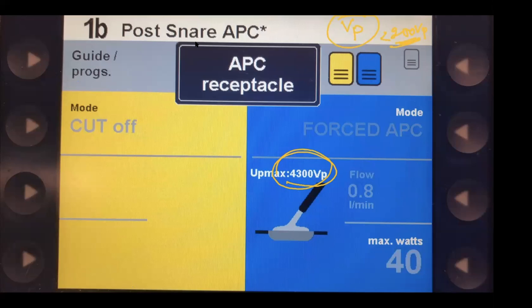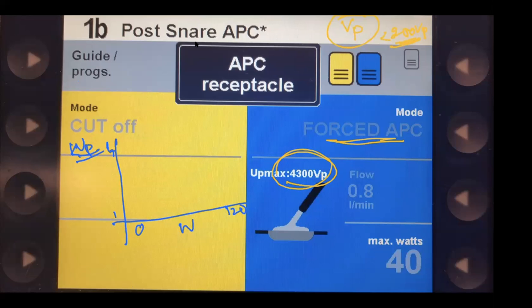So when it comes to forced APC, I want to share with you something that I've learned after reading multiple times in the last week or so. If you look at wattage from 0 to 120, and then the voltage, right? Peak voltage 4 or 1.